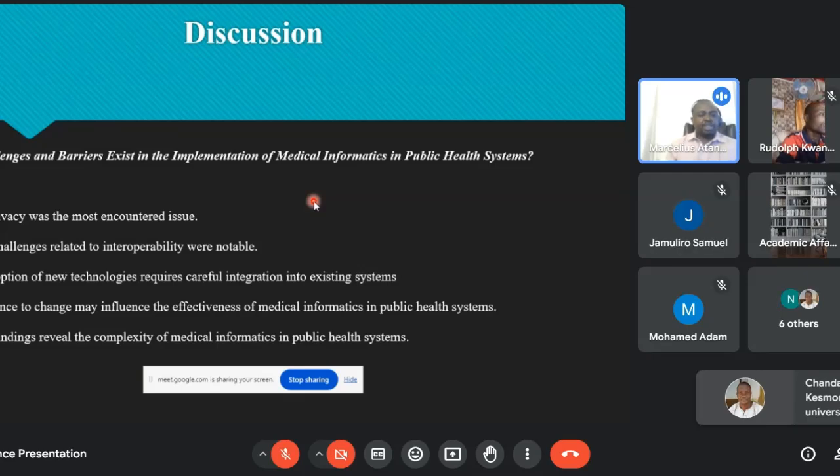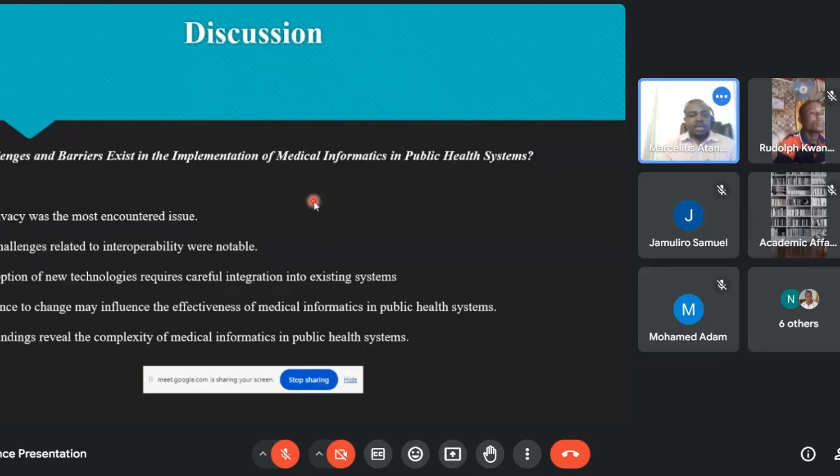The adoption of new technology requires careful integration into existing systems. This leads to resistance to change, which also affects the effectiveness of medical informatics. And so these findings reveal the complexity of medical informatics in public health systems.